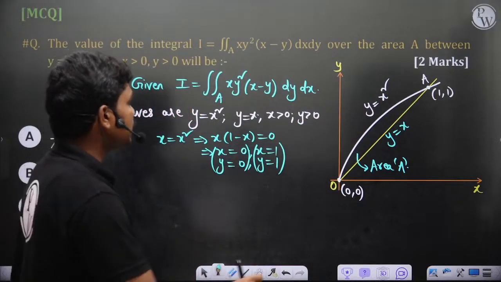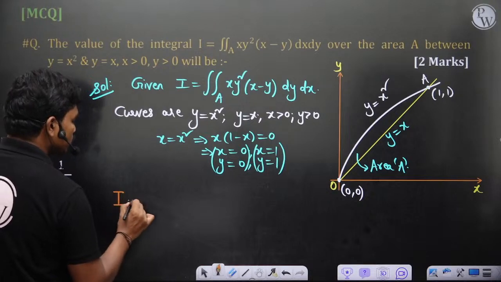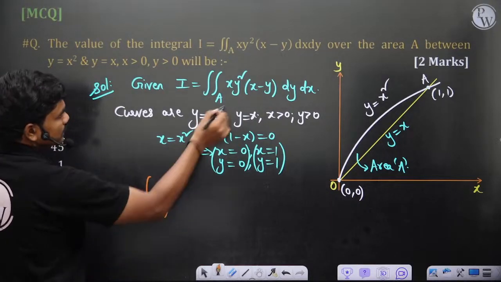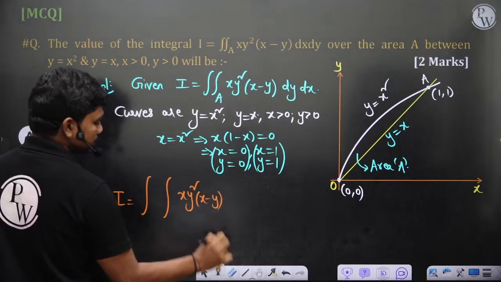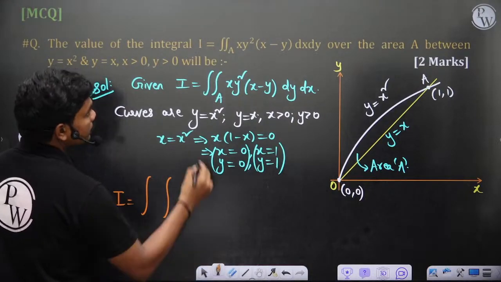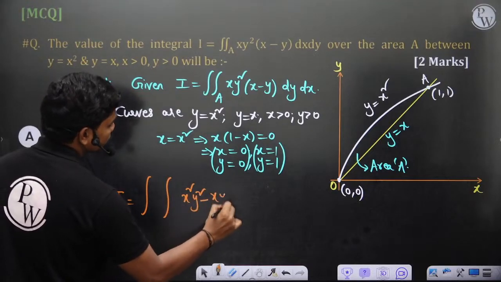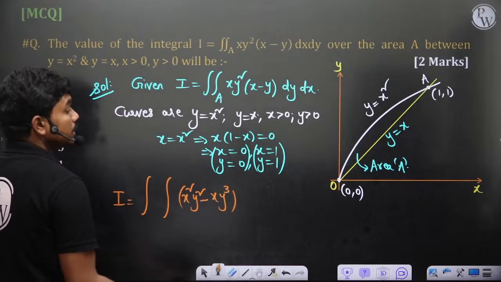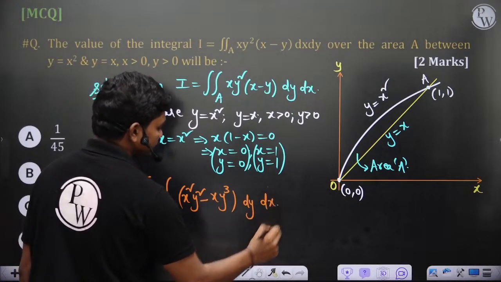Then let's see how you integrate this. I is equal to the integral of f of x comma y, which is xy squared times (x minus y), or in general I'll just multiply these functions: x squared y squared minus x y cubed. This is the function. Then dy, let's choose the first integrating variable to be y, and the second variable is x.